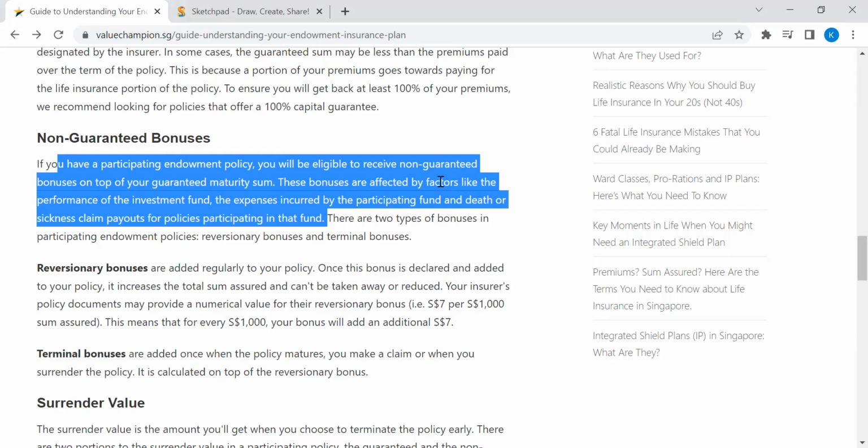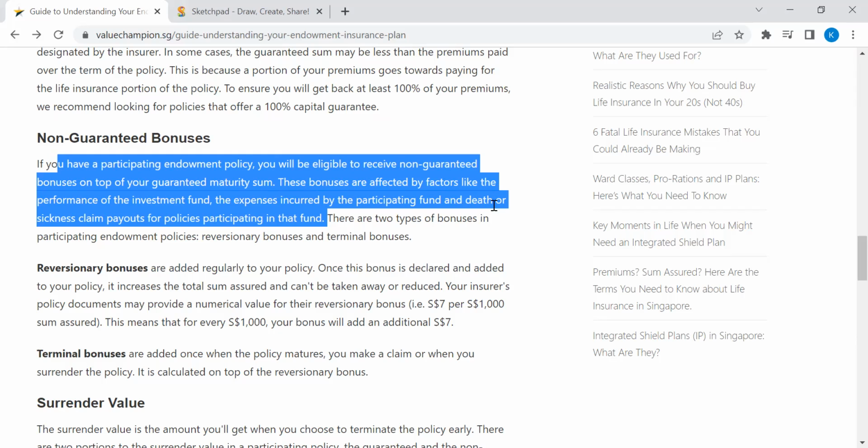Because performance of the investment fund tends to be affected by the overall market condition as well. And the expense of the fund does matter a lot, because if the fund charges very high expenses, it's difficult to give a good return to the investors.